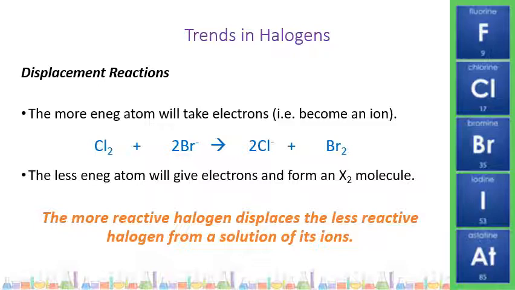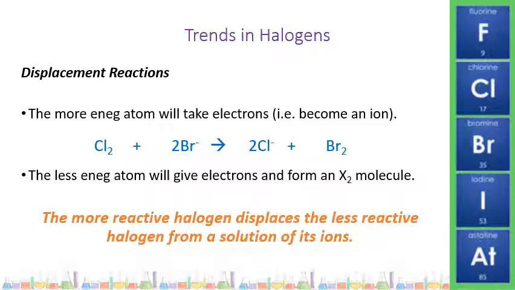It's more reactive, it will have a stronger attraction for those electrons, so it will take electrons to become an ion. The less electronegative atom, the one furthest down the group, will give away electrons to the more strongly attractive one to form a molecule. So your more reactive substance becomes an ion, your less reactive one becomes a molecule.